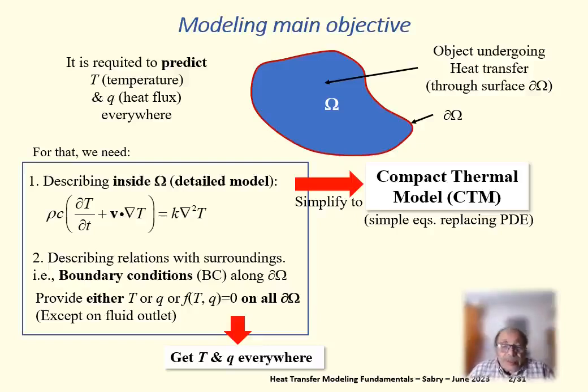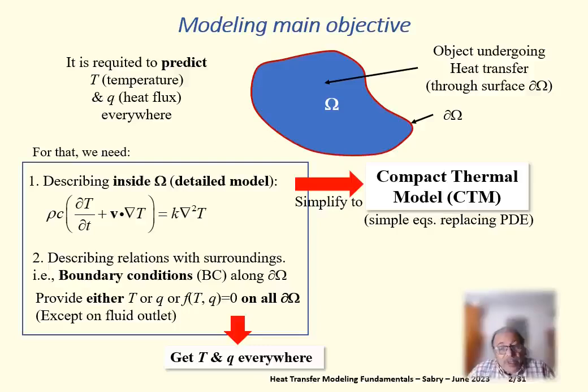This is a simple set of equations, sometimes only one equation, that should replace the partial differential equation, not the boundary conditions, the partial differential equation. I can use these simple equations together with the imposed boundary conditions in order to predict temperatures and heat fluxes.